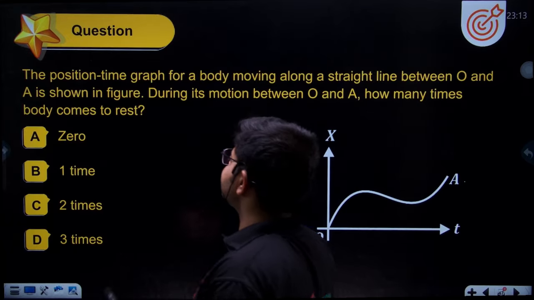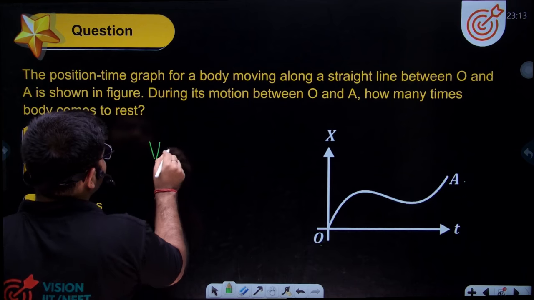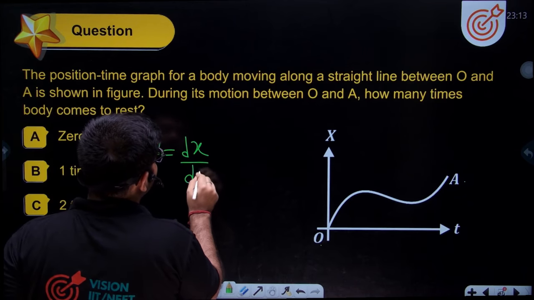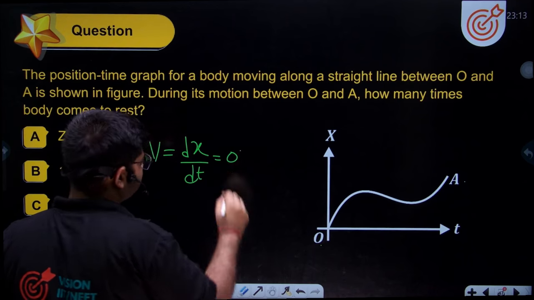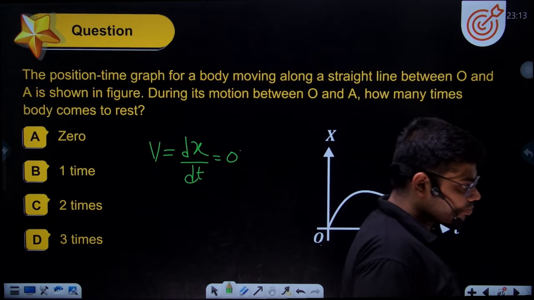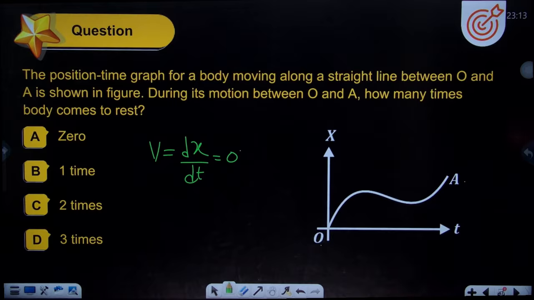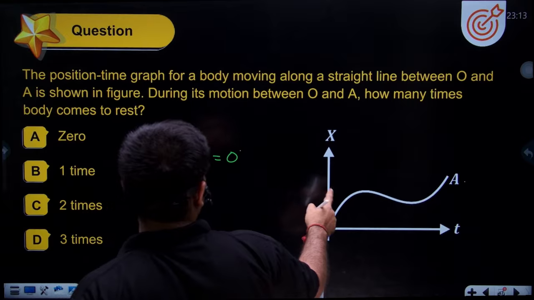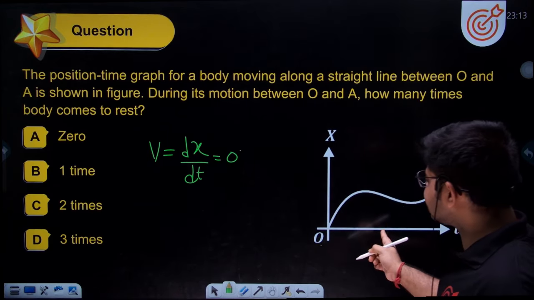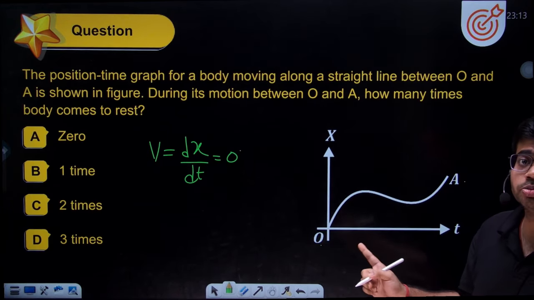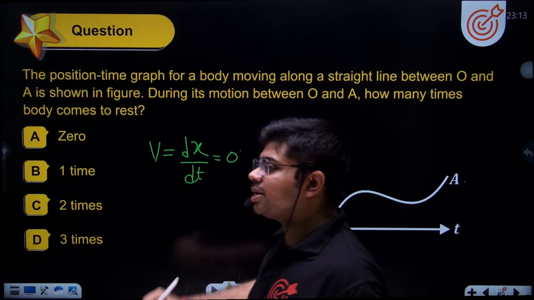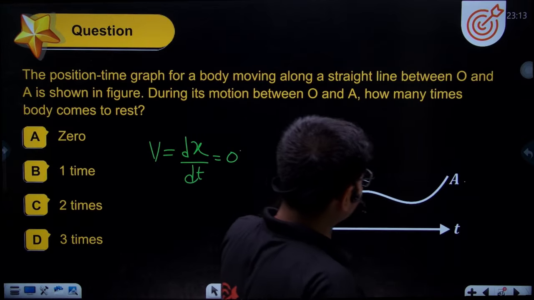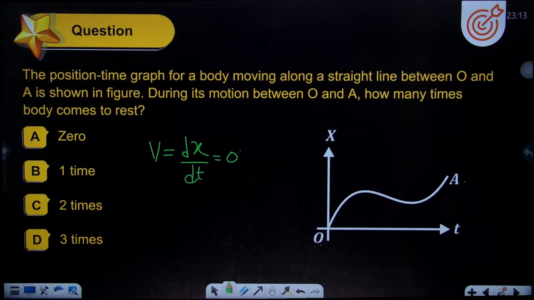Velocity 0 means dx/dt is 0, which means the slope of the x versus t curve needs to be 0, since dx/dt is nothing but the slope of the x versus t curve.